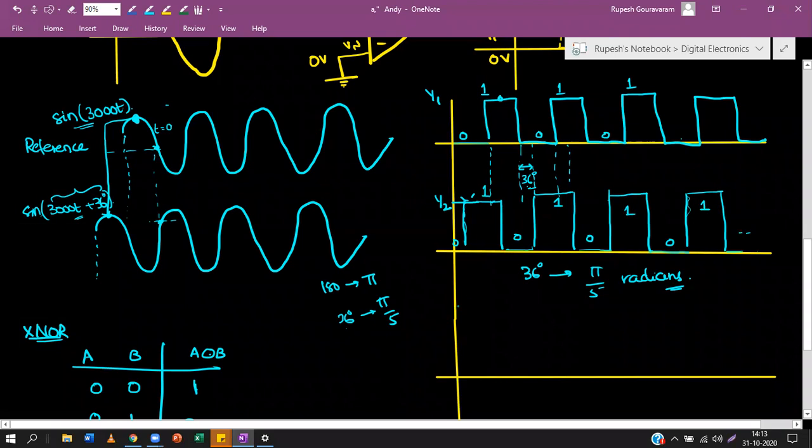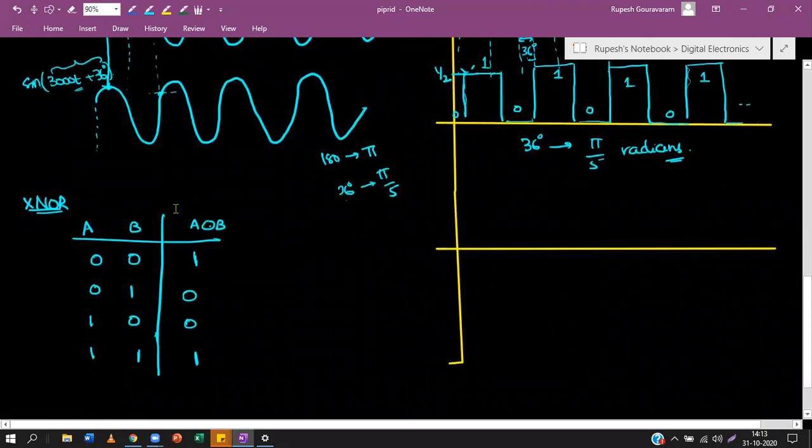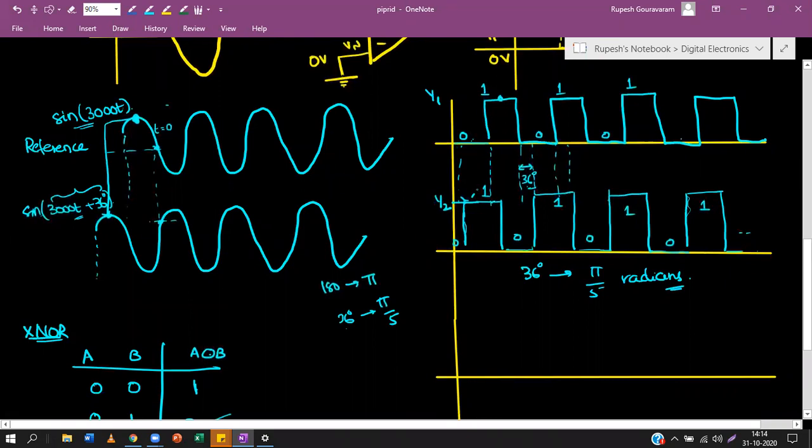Now let us start from here. So 0, 1. Let us bring the XOR gate here. So 0, 1 is 0. If both are same, it is 1, and if both are different, it is 0. That is the logic.